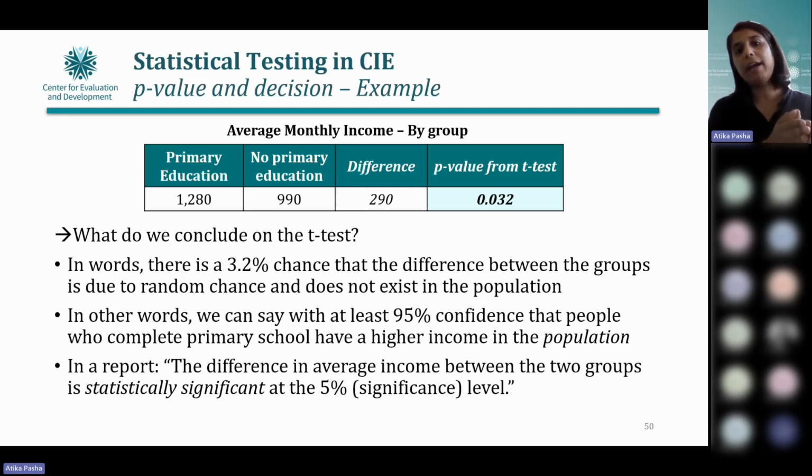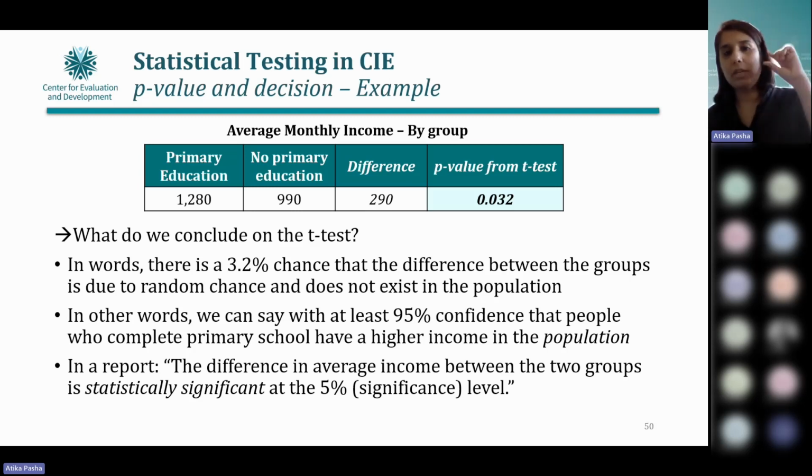Alternatively, what you would often find in statistical texts is we can say with at least 95% confidence, even all the way up to 97% confidence, that people who complete primary school have a higher income in the population. And then finally, we can say in terms of statistical significance that the difference in average income between the two groups is statistically significant at the 5% significance level.